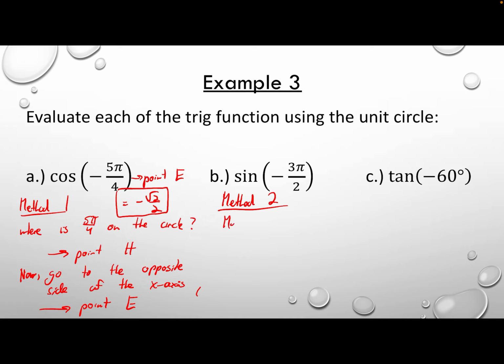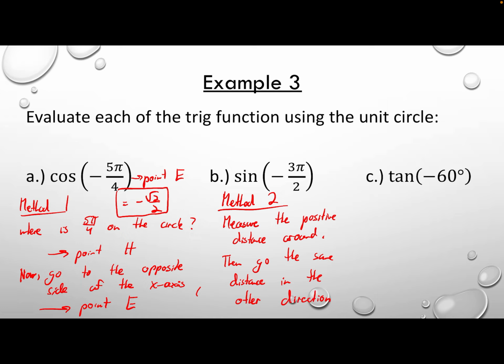So measure the positive distance around, then go the same distance in the other direction. Okay, so that's method 2.